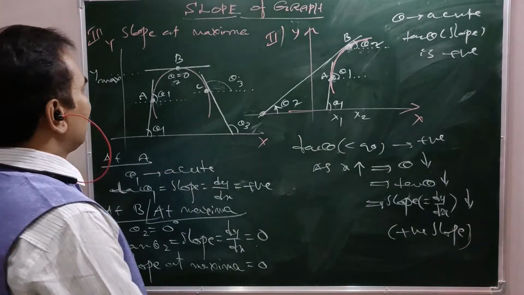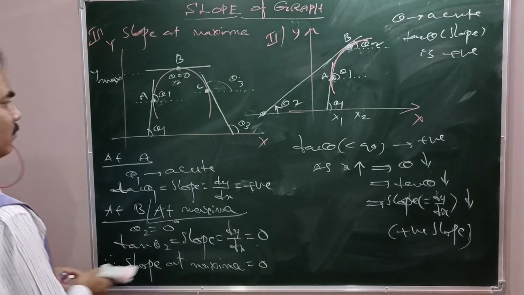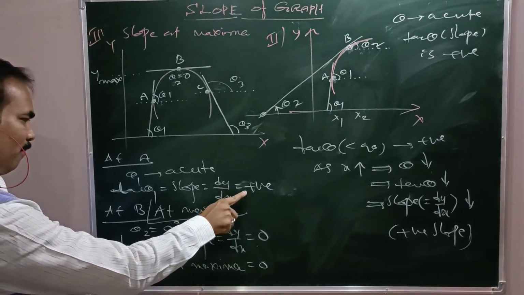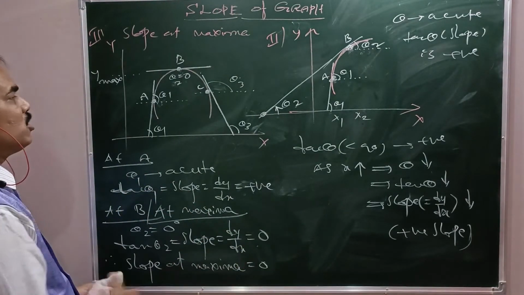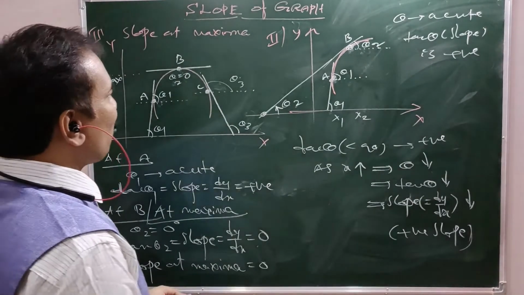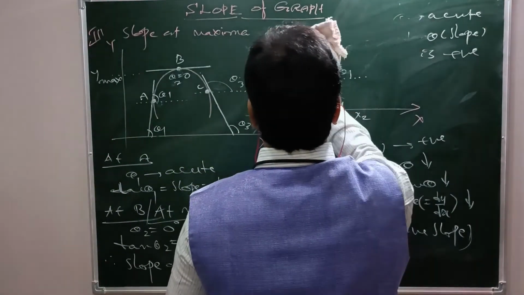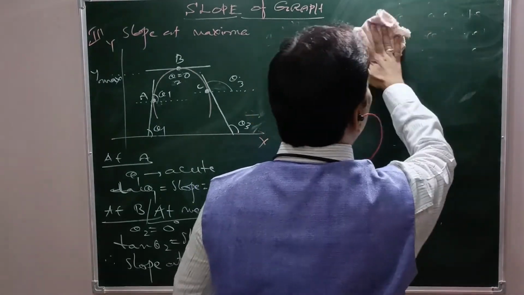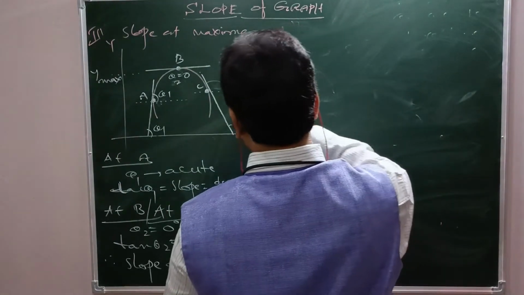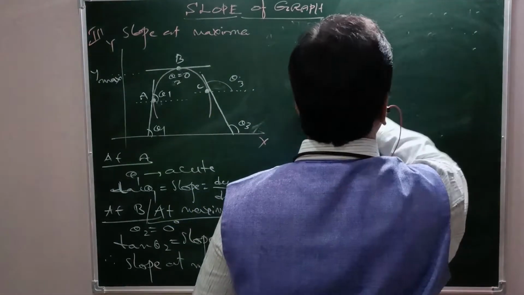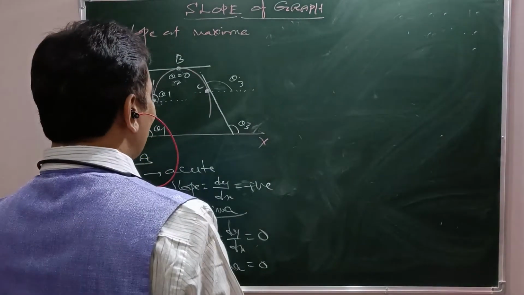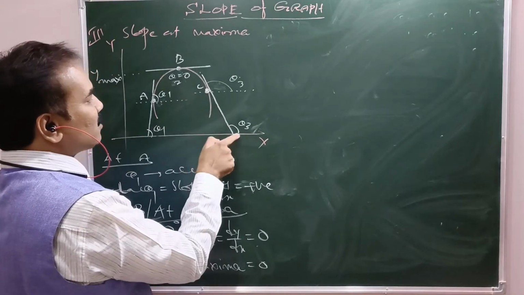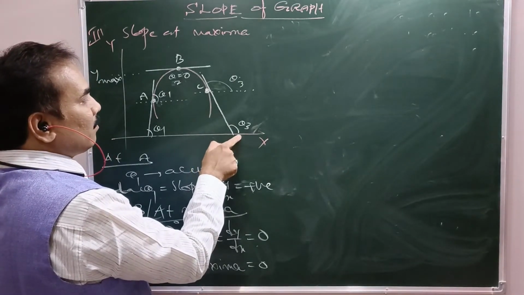Right? And here if you observe, at point A, slope is positive. At point B, slope is 0. Now we are left with point C. What about slope at point C? Once a tangent is drawn at point C, it makes an obtuse angle with the positive x-axis. If I draw one tangent to the curve at point C, it makes an angle more than 90 degrees.